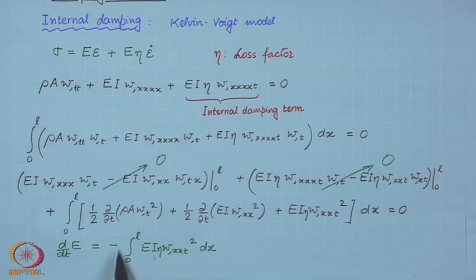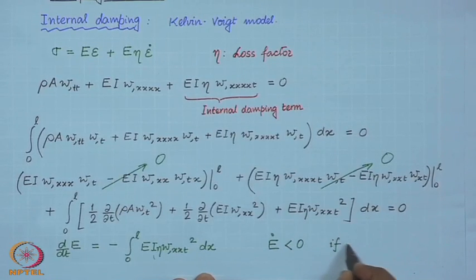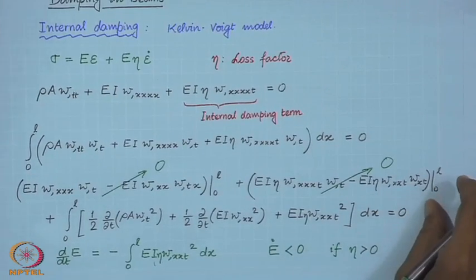So, integrated over the length of the beam, this must be a positive quantity if eta is positive, and therefore the rate of change of energy is negative, which means that energy always reduces. So, if this loss factor is positive, then this term is going to drain the mechanical energy.